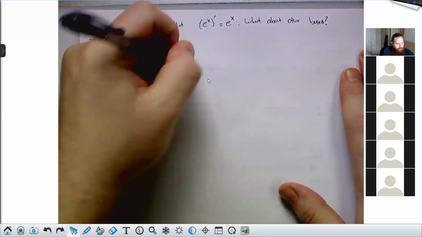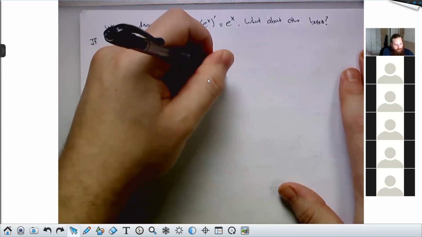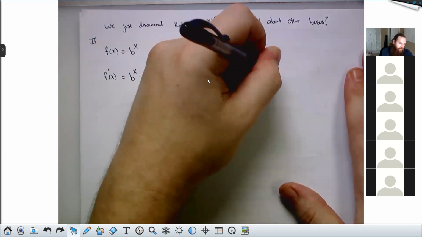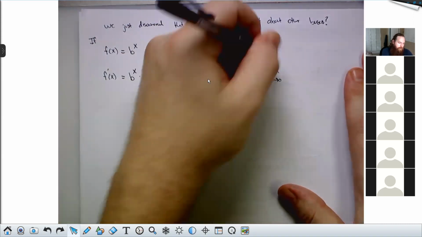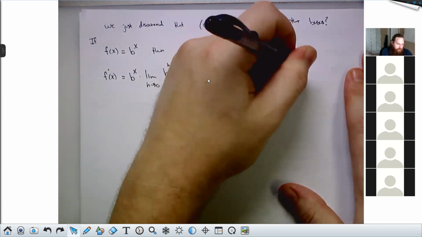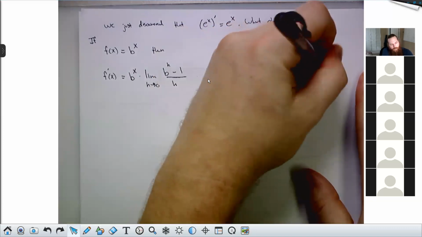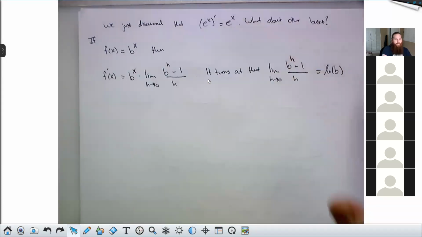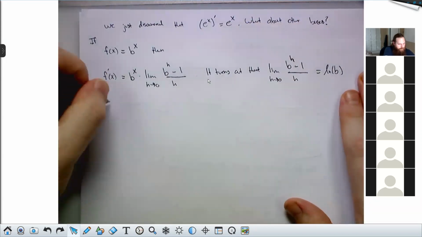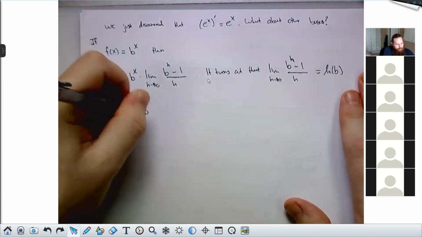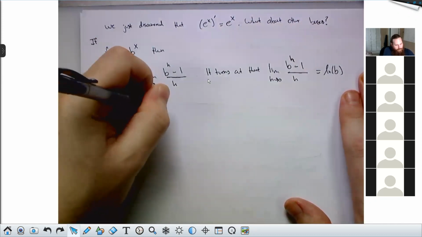It turns out that in general, the limit as h goes to 0 of b to the h minus 1 over h is the natural log of b. So f prime of x is b to the x times the natural log of b.